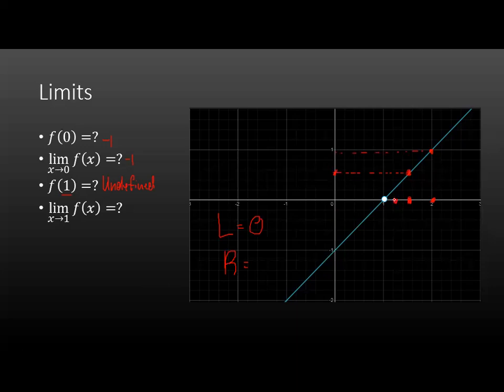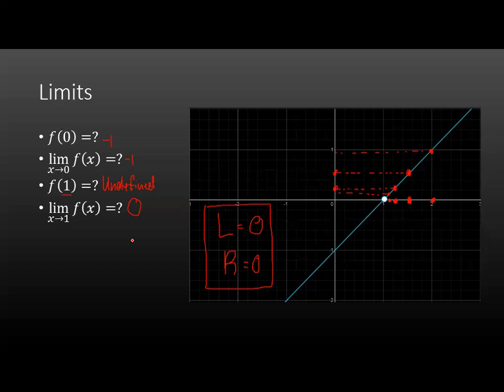Let's make it even closer, and the y value is also getting close to 0. So here, the result would be 0, because as x approaches 1 from the right side, it approaches 0. Therefore, your answer is 0, since both sides approach the value of 0.